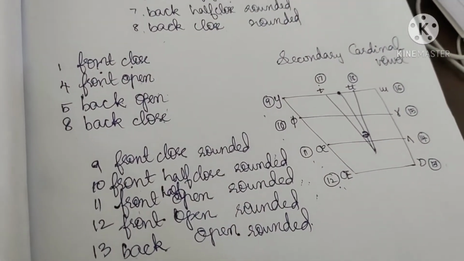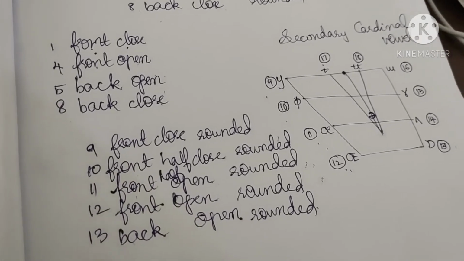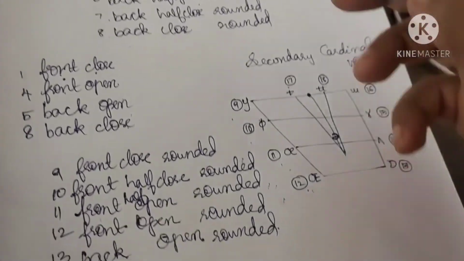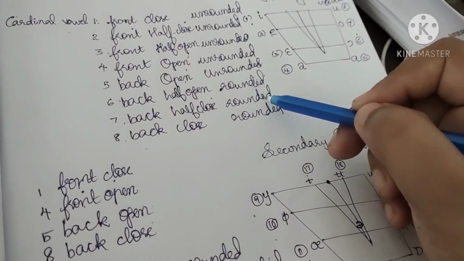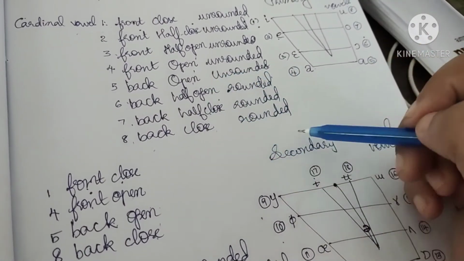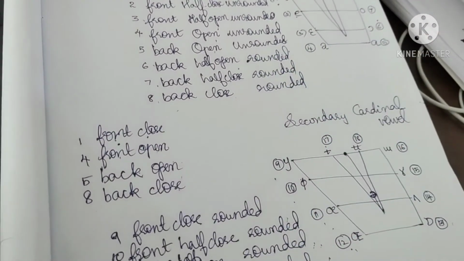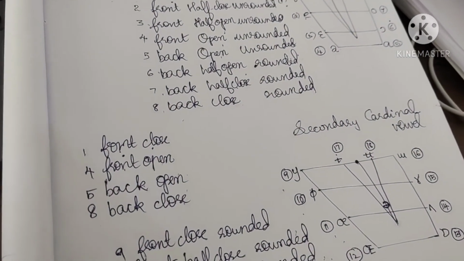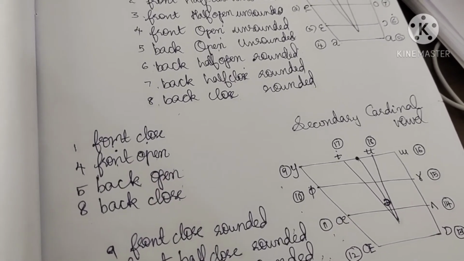Now we have got 14, 15 and 16. So here we see all these 6, 7, 8 which are rounded can also become unrounded. So in all the places of this rounded we will put unrounded. So 6, we will take 6, back, half open.